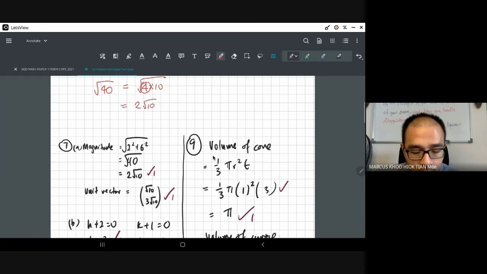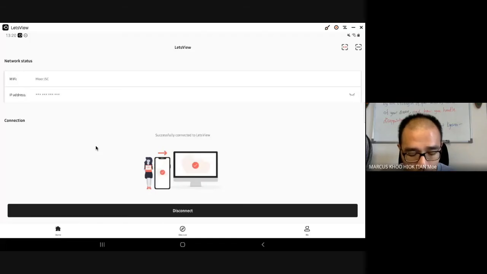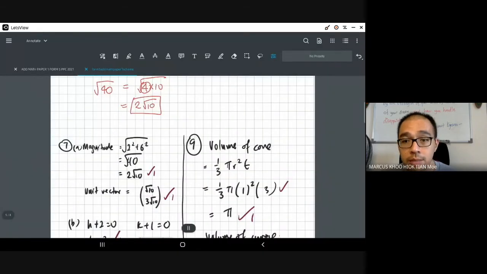The law of surd is very important over here, and you really need to remember that if your answer is in square root of 40, we will want to see the simplified version, which is 2 square root of 10.